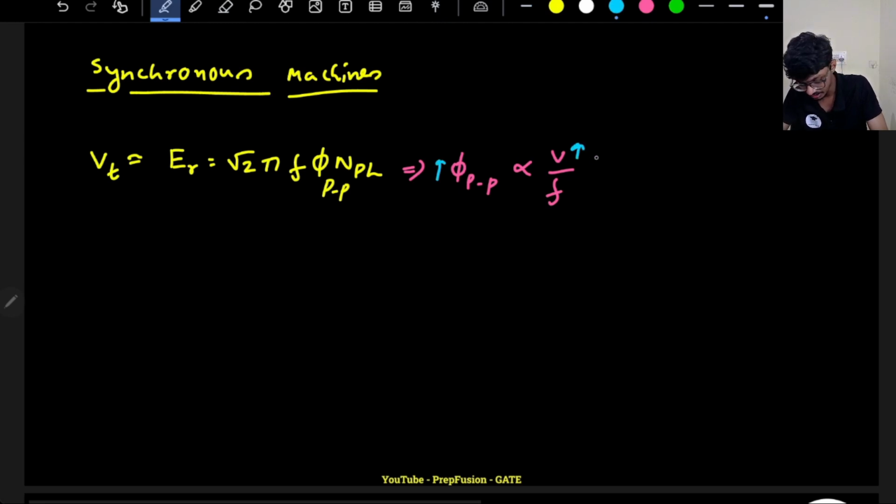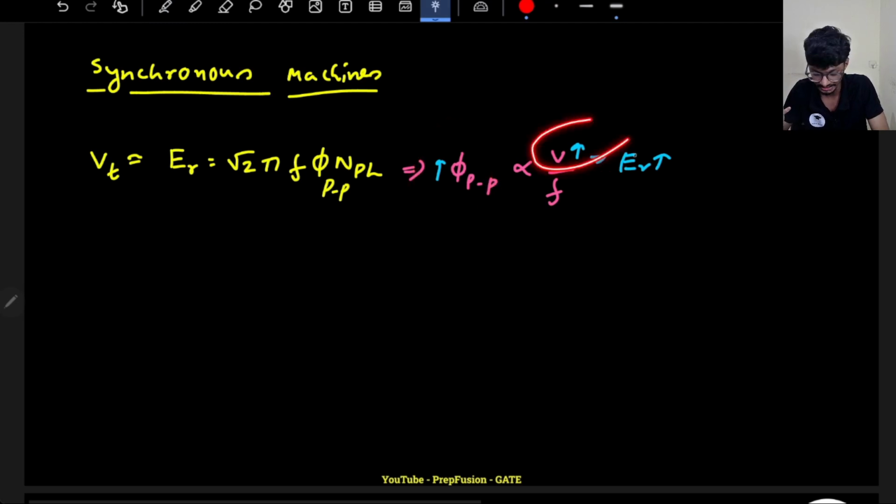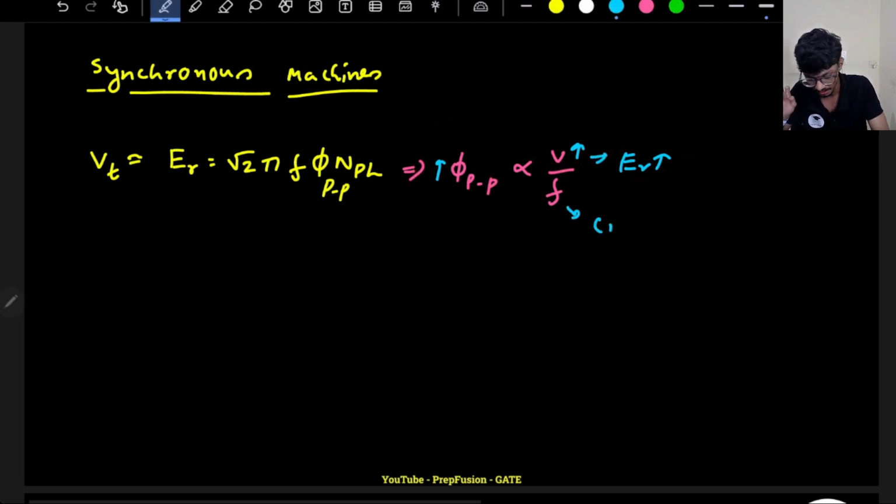So this basically means the excitation, basically voltage is equals to excitation only, so my excitation also will increase. I mean the induced EMF also will increase, right? All of it depends on the flux per pole, right? If I increase the flux, if I give more amount of flux, the excitation voltage will be higher if the frequency is constant. Assumption is we are operating in constant frequency.